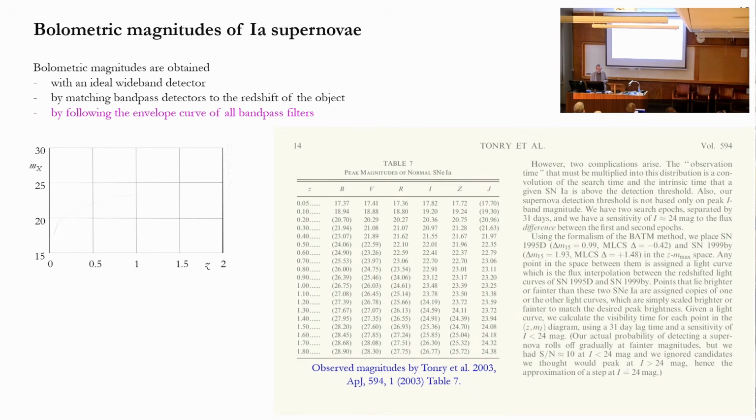Fortunately, I found a table of direct observations through each filter. Here we can see that we get the bolometric curve by following the optimum with each filter. And it means that the reference for bolometric is here.